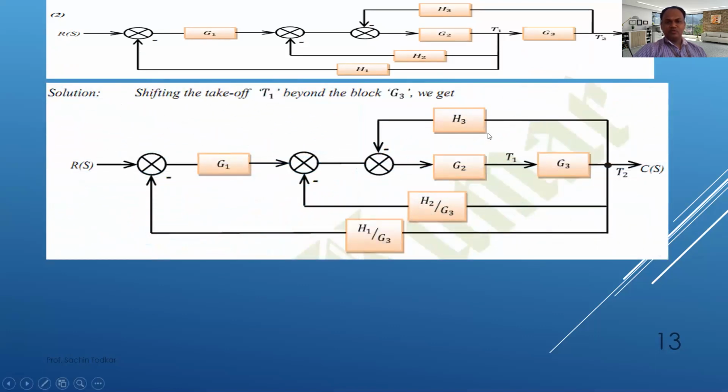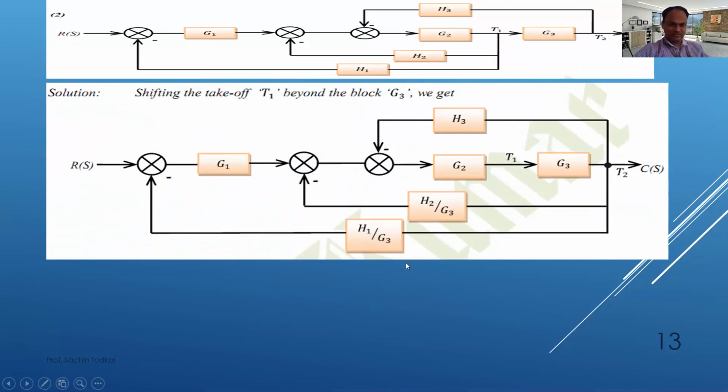First step, what we are going to do, we have taken the takeoff point from this side to this side, and for that we know that for takeoff point is to be shifted from left to right of that block. We have to divide that with that gain function to feedback function. So this is h2 divided by g3, h1 divided by g3.